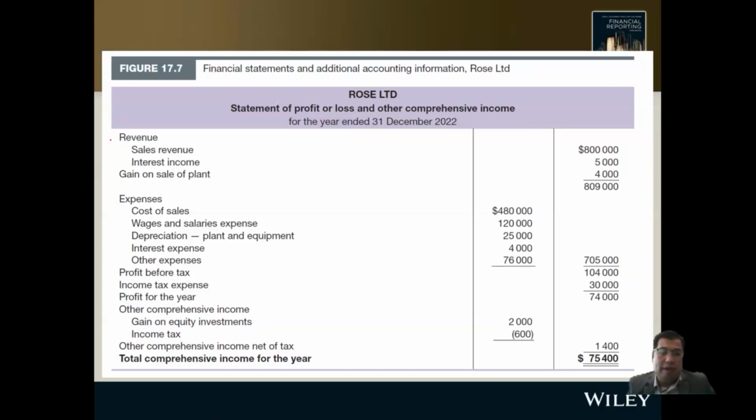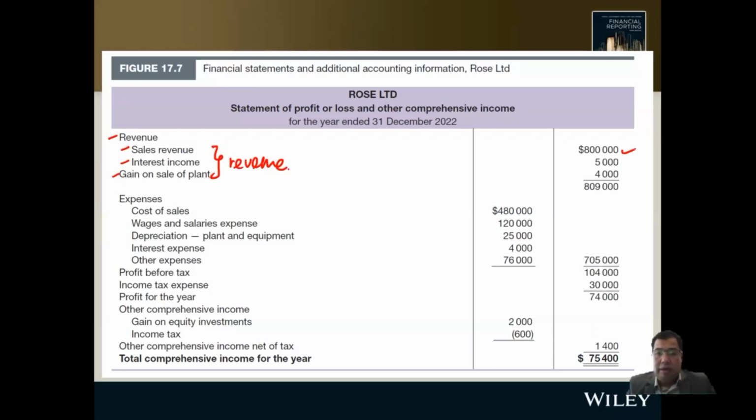So we have here revenue: sales revenue, interest income, and also the gain. This is your revenue.